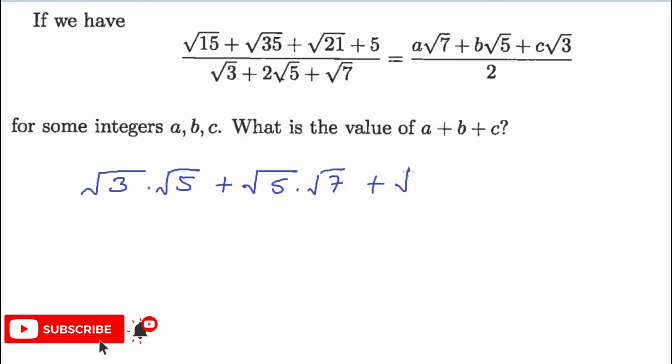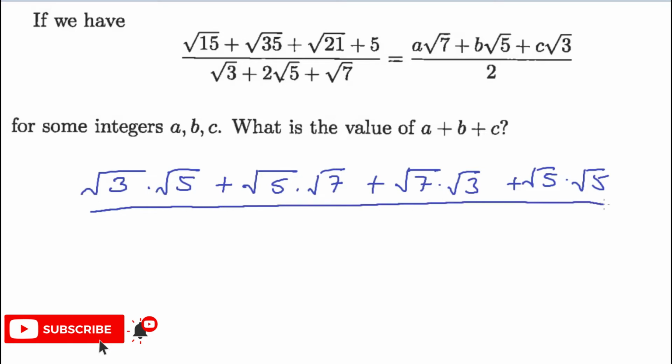Root 7 can be written as root 7 times root 3, and 5 can be written as root 5 times root 5. Now in the denominator there is a root 3, but there are 2 root 5, so let's write them separately so that you understand there are 4 terms.